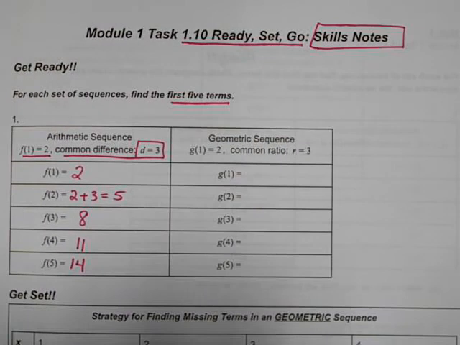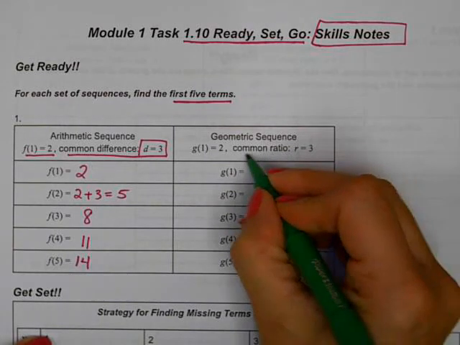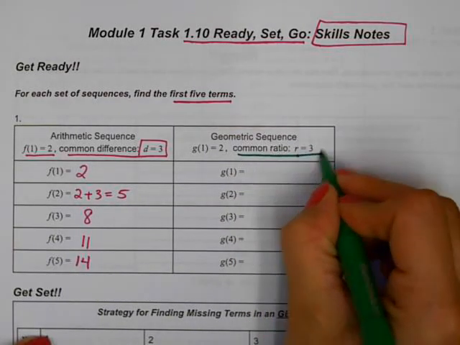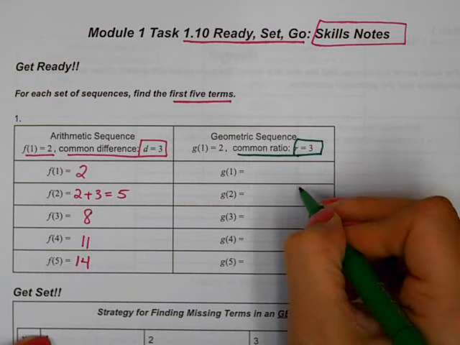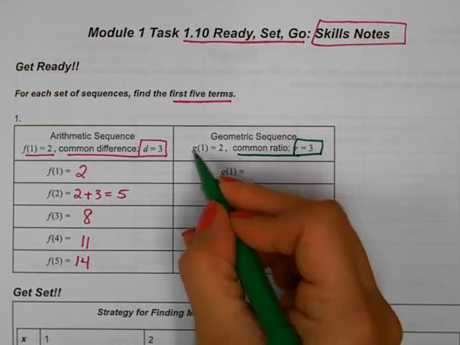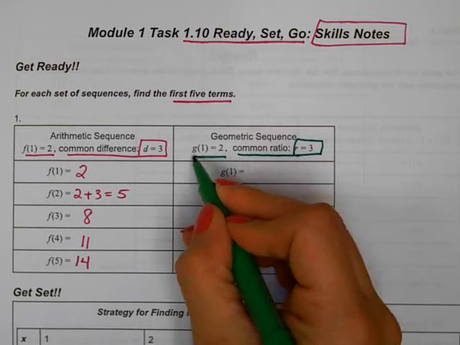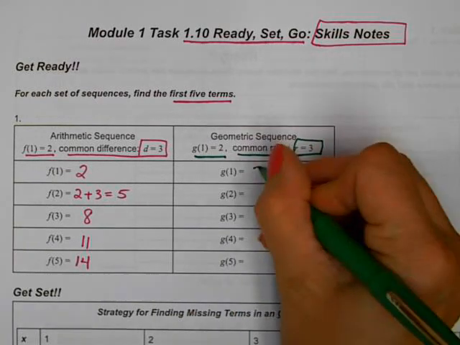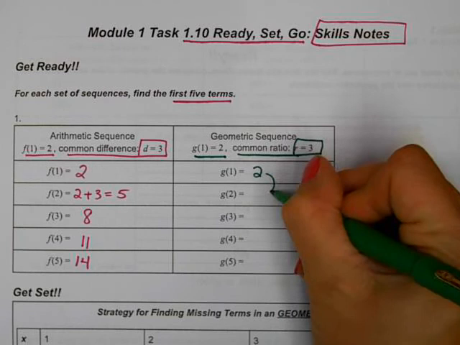A geometric sequence means that we're usually going to be multiplying. The common ratio is 3. That means each term gets multiplied by 3. But it's important to know the first term, g of 1, the first term is 2. And how do I get to the next term?